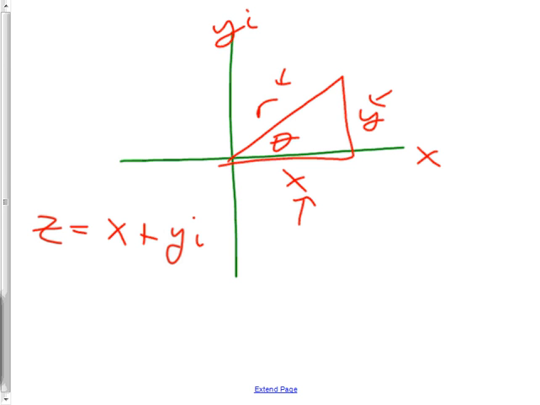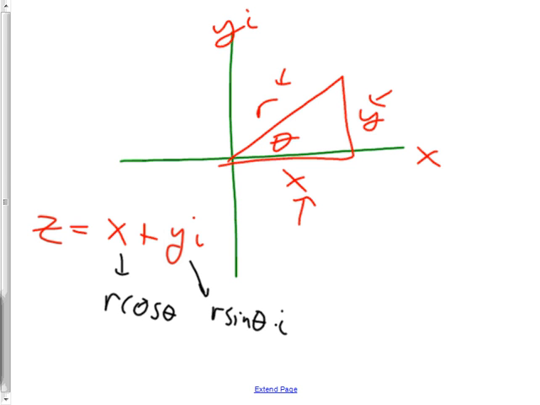Now, to change this from rectangular to polar, do you get how it has x's and y's in it right now? And what do I want to have in it? r's and thetas, okay? Would you agree that x, we already know that. x is, do you have this memorized still from that last unit? r cosine theta. And what's y? r sine theta. And that still had an i on the end of it.